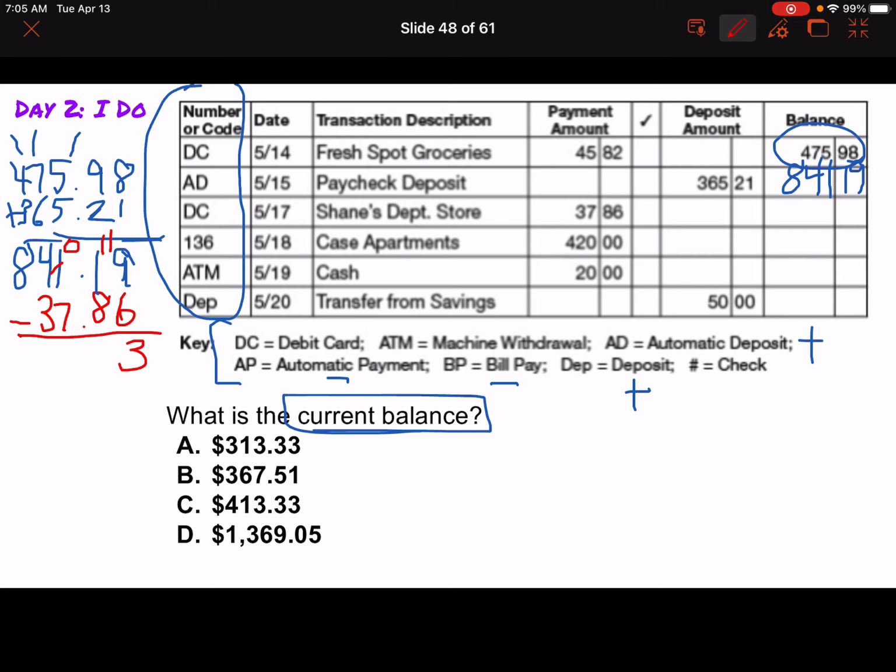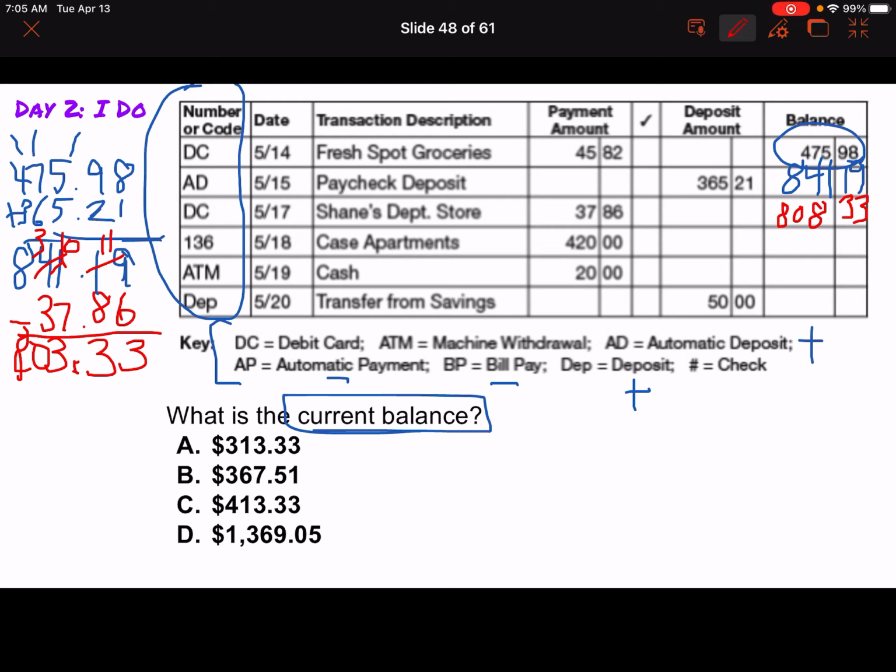We've got 3 decimal place. 10 minus 7 is 3. So we have a balance of $808.33.